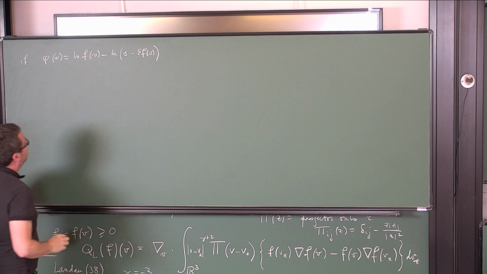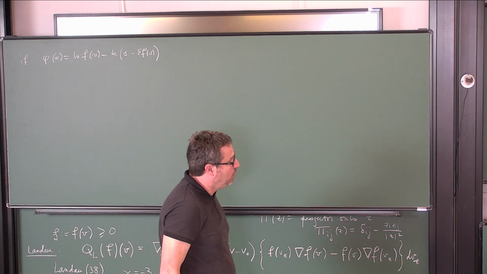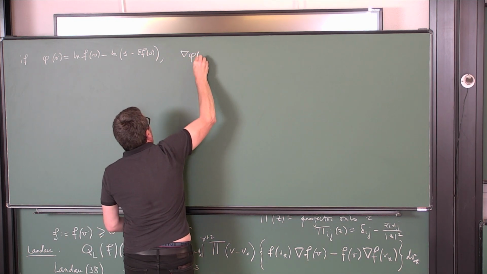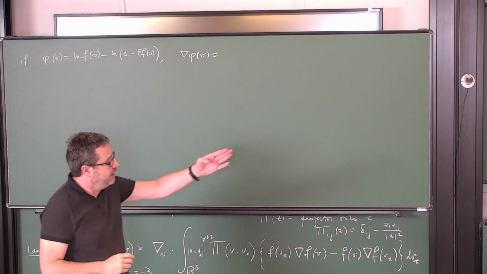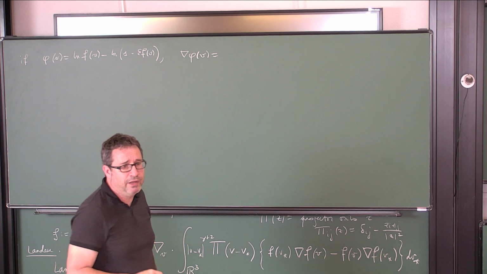So why take phi like this in the weak form? It is because this is really the function which, once you take the gradient, gives you exactly gradient f divided by f times 1 minus epsilon f.